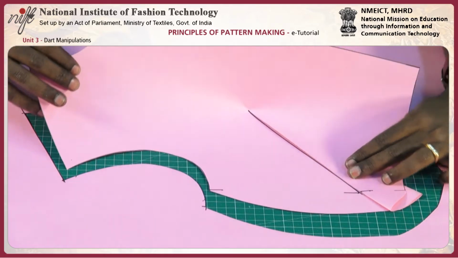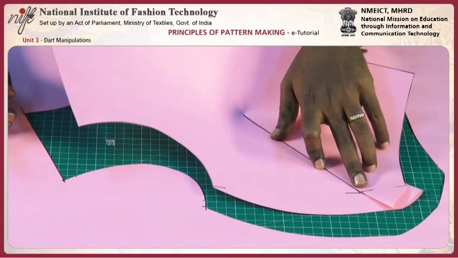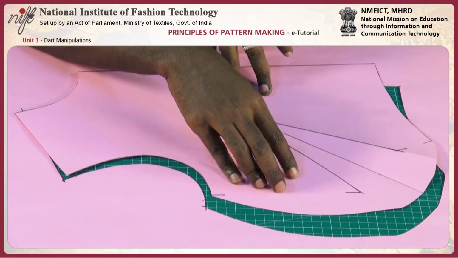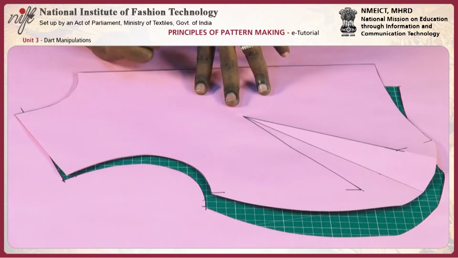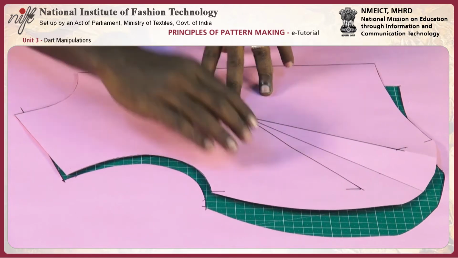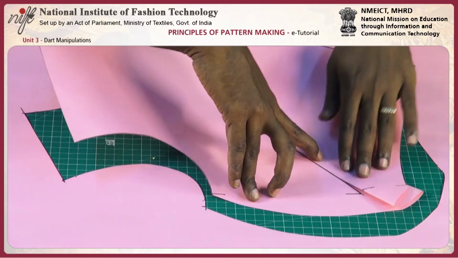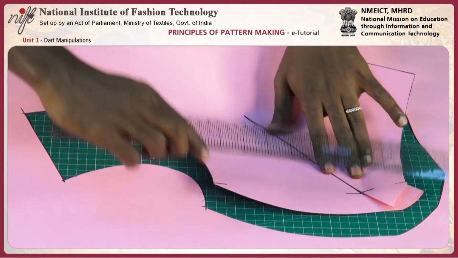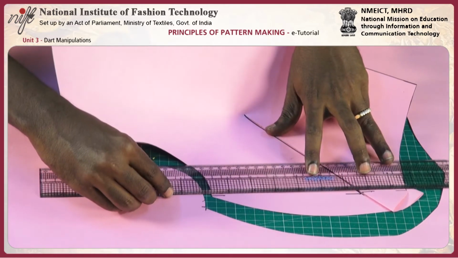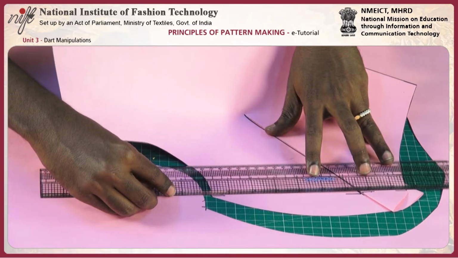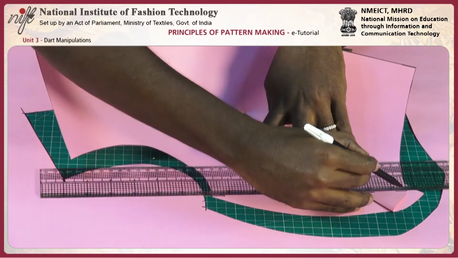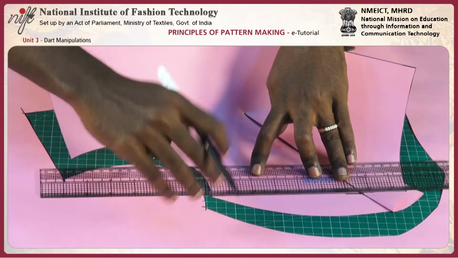Cup the pattern by folding the dot. If it is a horizontal dot, crease the lower dot leg. The dot axis should be towards down. Join the line.